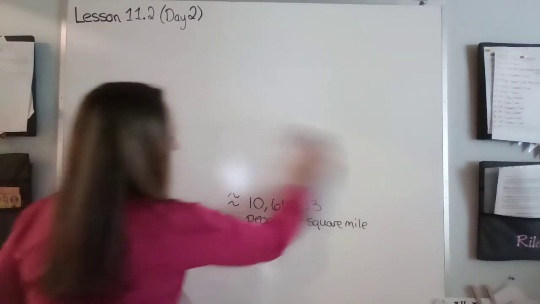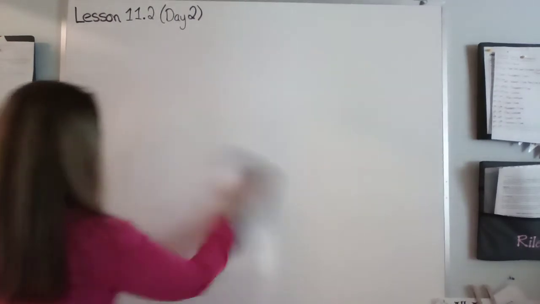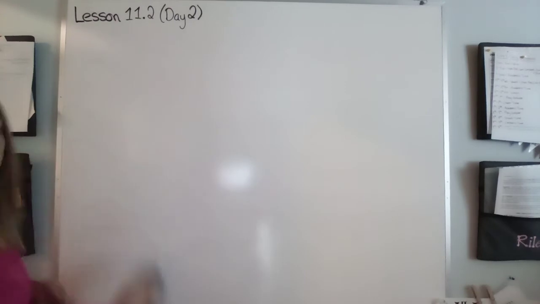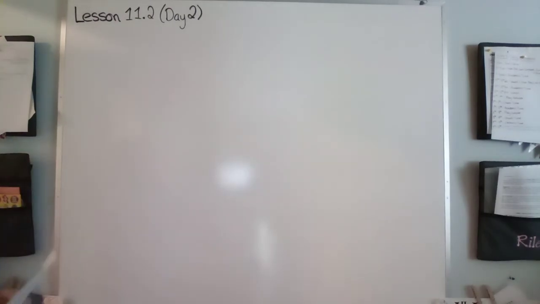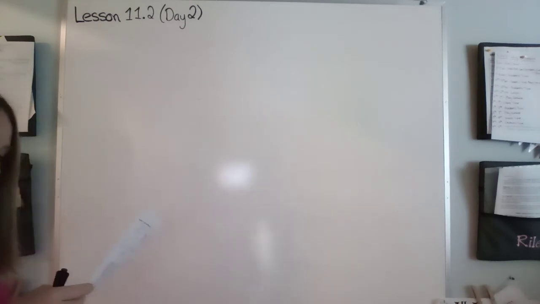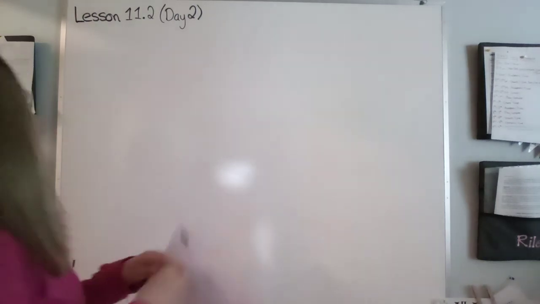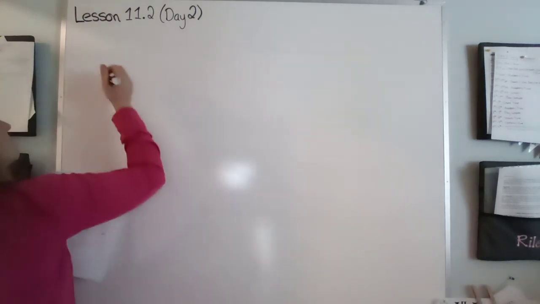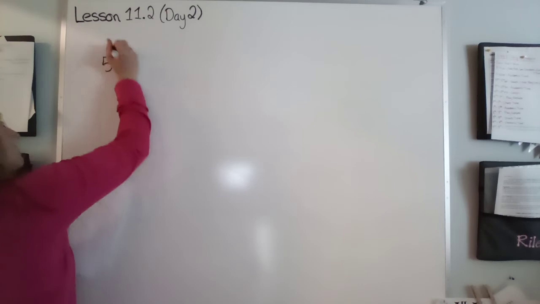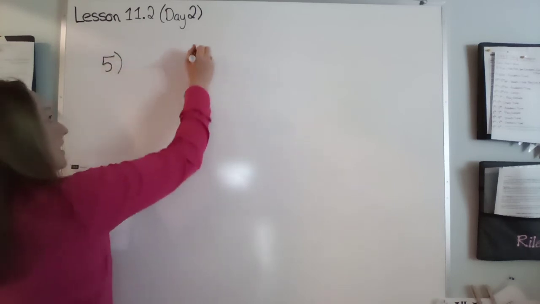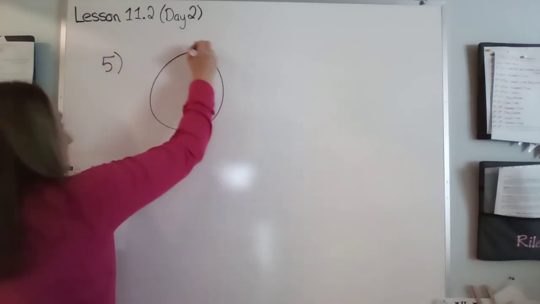All right, let me see which one we're going to do next. So the next problem we're going to look at is problem number 5. So for problem number 5, here is the diagram.